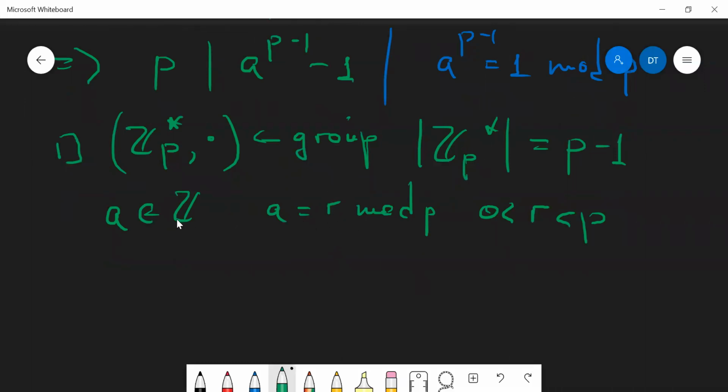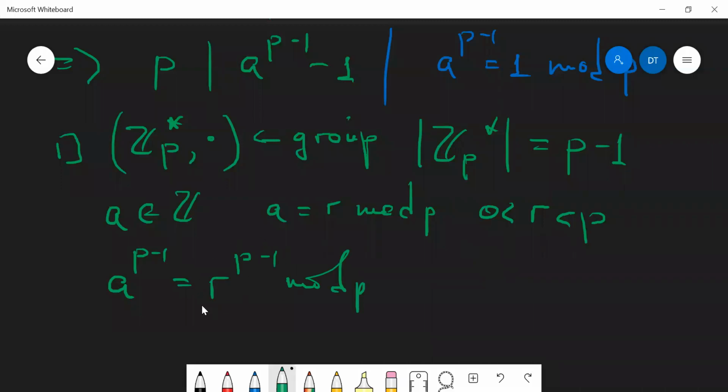Since a is not divisible by the prime number, r is not 0, and a to the power p minus 1 is the same as r to the power p minus 1 modulo p.